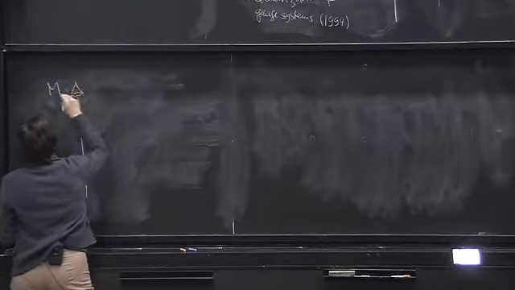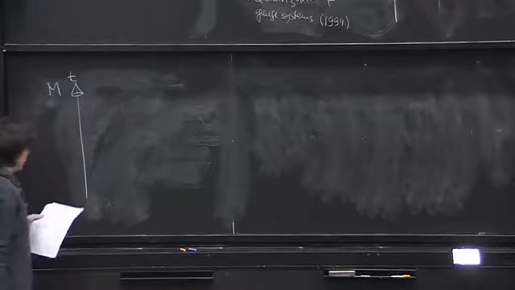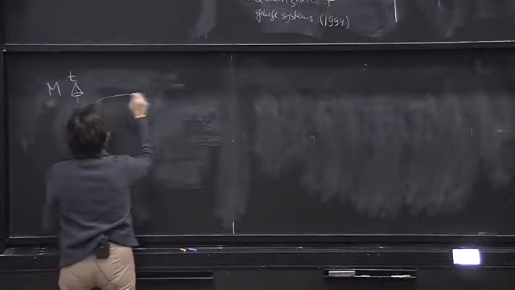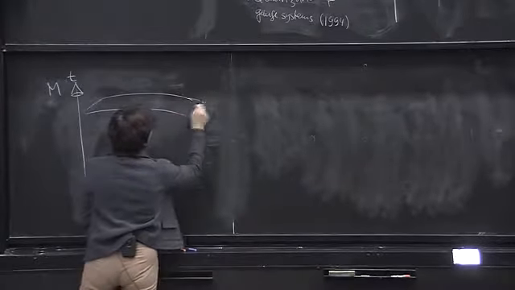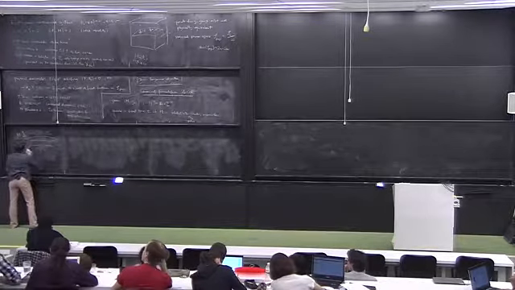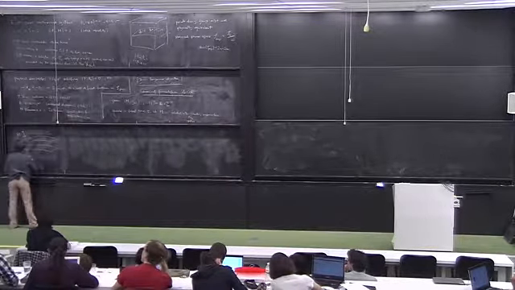Let time go up in my picture, and let there be such a foliation into surfaces Σ_t at a given time t.